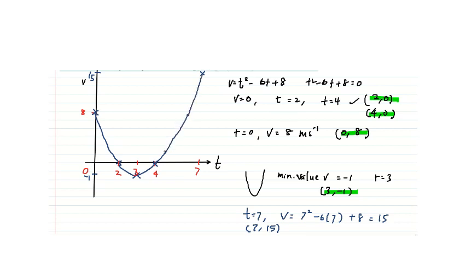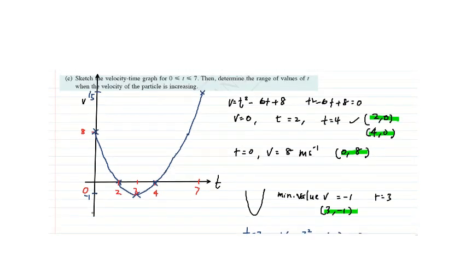Quadratic graph of velocity against time. Now we finish the velocity time graph for t between 0 and 7.